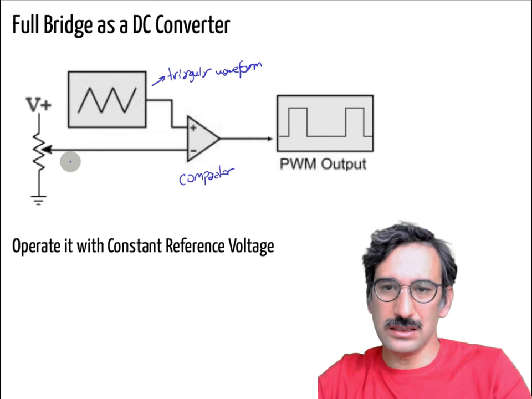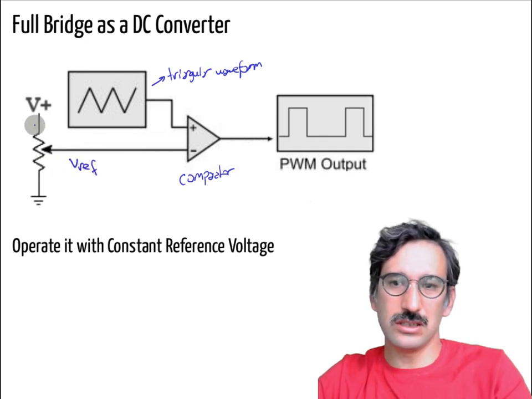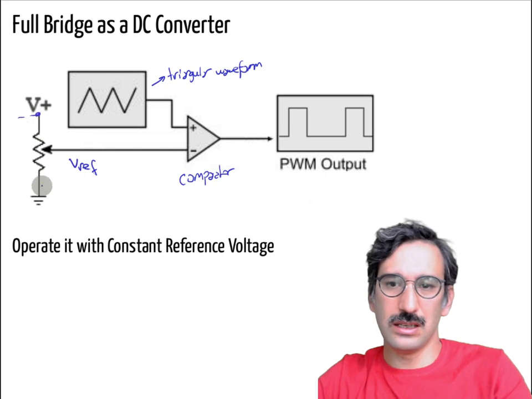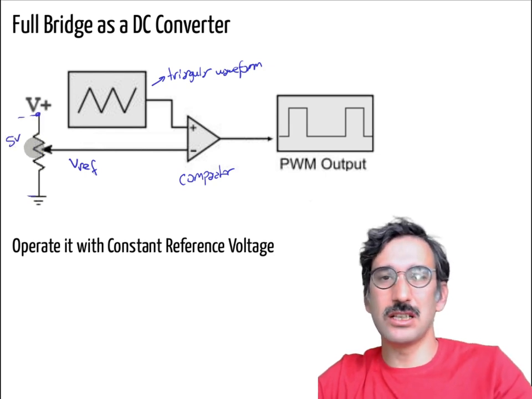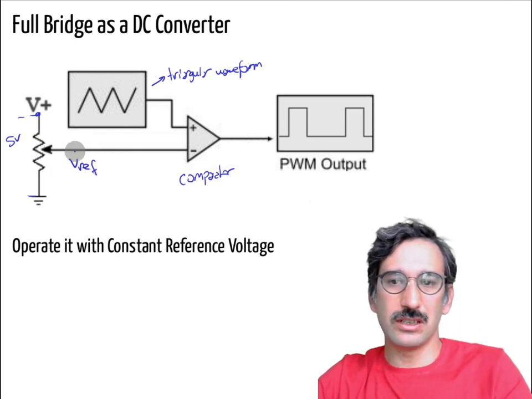So the idea is, here you generate a reference voltage. Let's say this is 5 volts, and there's a potentiometer. By adjusting the potentiometer, you generate a reference voltage, and that reference voltage is compared with the triangular waveform, and the output will be applied.